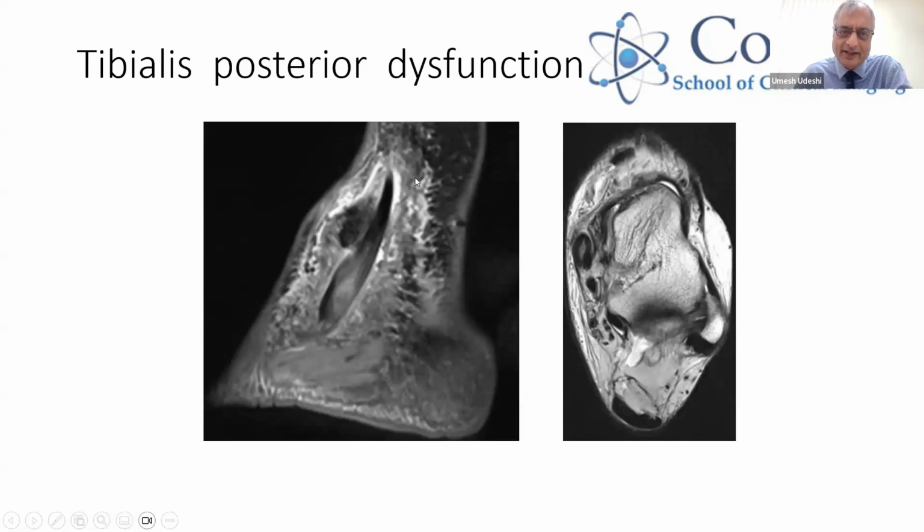And when you look at it on the sagittal image, there's high signal, very obvious in the middle. And you almost wonder here whether that high signal is going through the posterior surface of the tendon. So that could be either severe tendinopathy, or actually there may be a longitudinal split tear within that tendon. So that's an abnormal tibialis posterior.